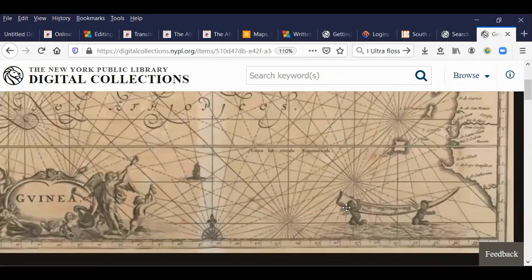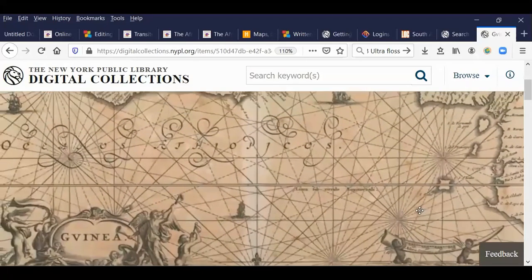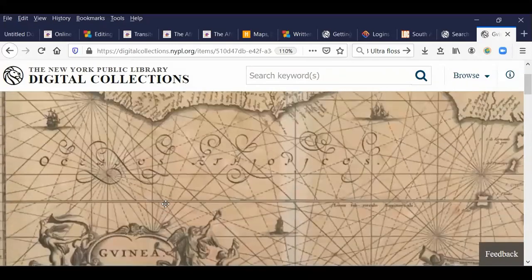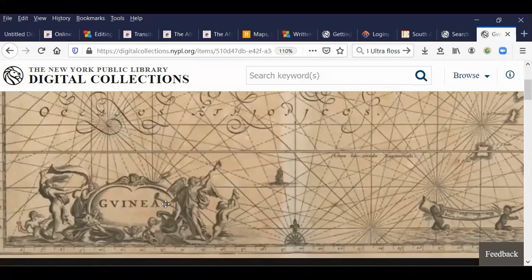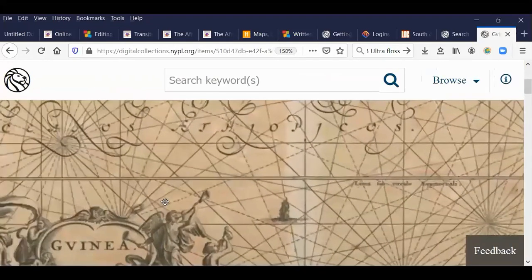Your left hand cursor, the left button on your mouse, hold it down and then drag the whole map with it. Very interesting set of representations about, in this case, Guinea, the map of Guinea and what it looks like.